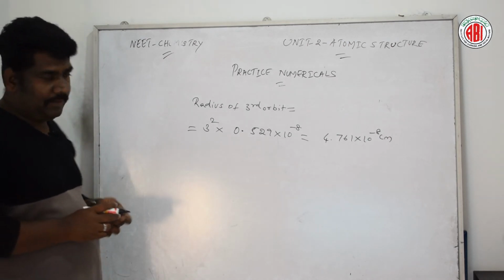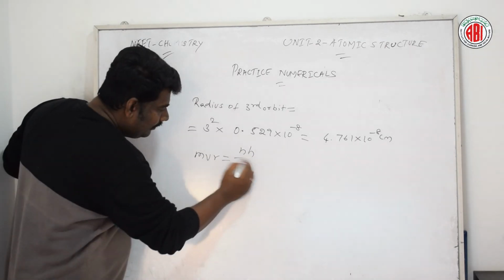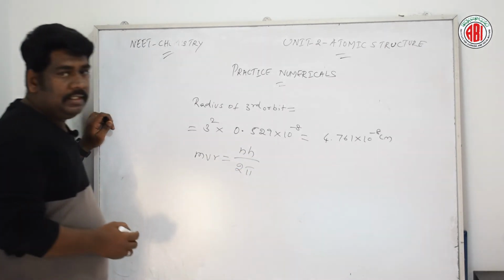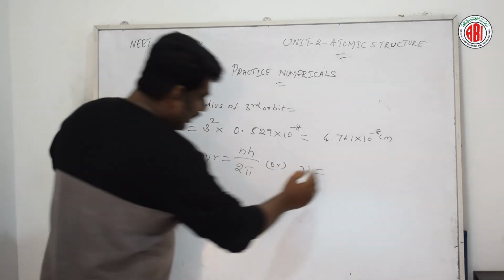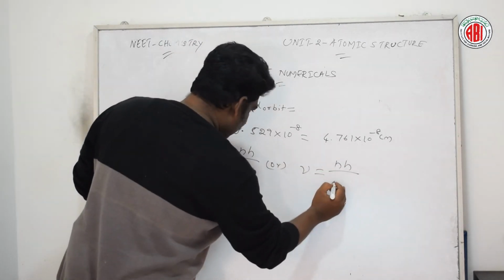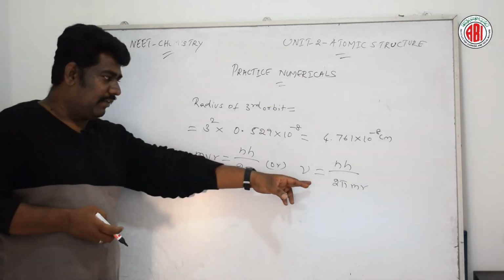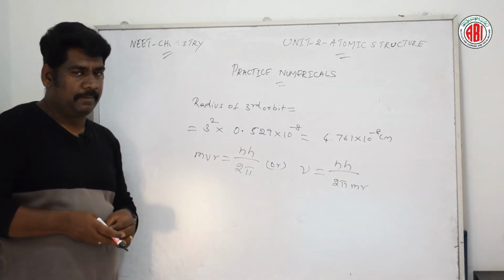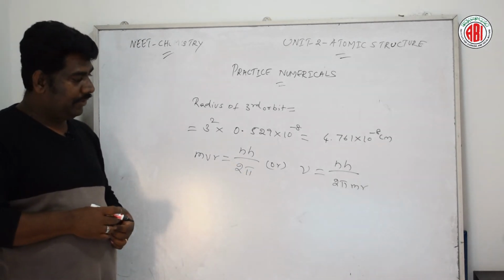Already we know the formula, mvr is equal to nh by 2 pi. This can also be written as v is equal to nh by 2 pi mr. Let us consider this formula for solving this problem. Applying all the values in the formula, we could get the answer.